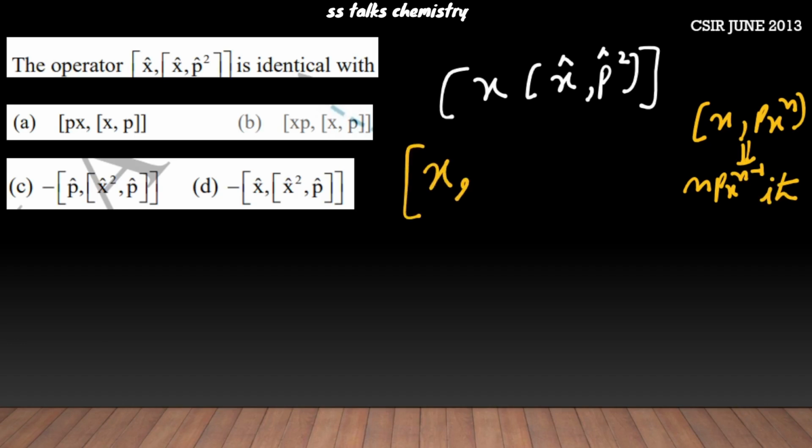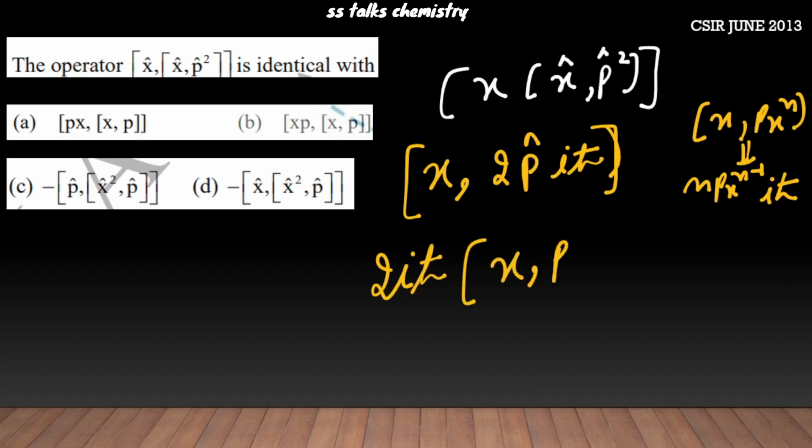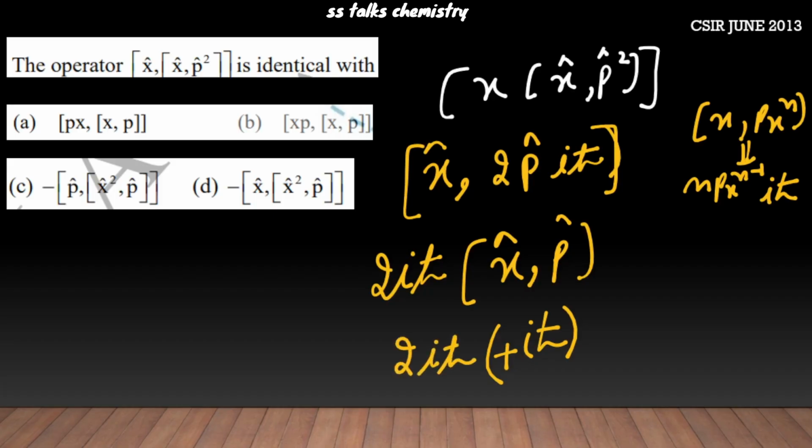So x will be commuting with 2p into iota h cut, right? Now this constant, 2 iota h cut, comes outside the commutator of x and p. Now the x and p commutator value is plus iota h cut, into 2 iota h cut. So iota times iota means iota squared, that will be minus 2 h cut square. So this is the value of this operator we are getting.